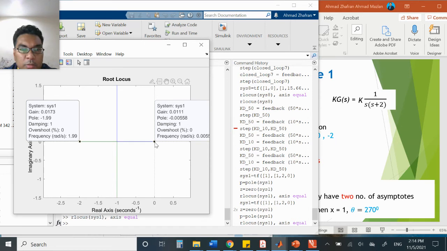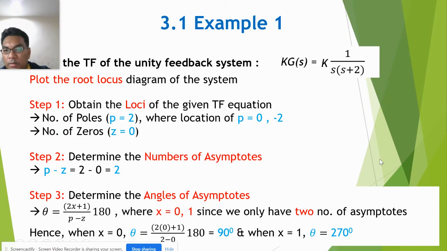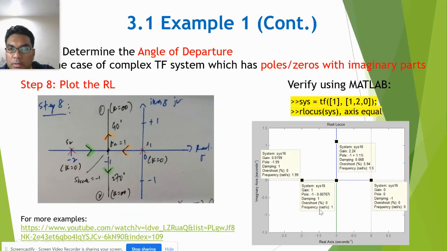It's quite difficult to point at this location properly, because a slight move will give different values. Of course the breakaway point here is -1, and also the centroid. That is how you can plot manually, and you can verify it using these codes.